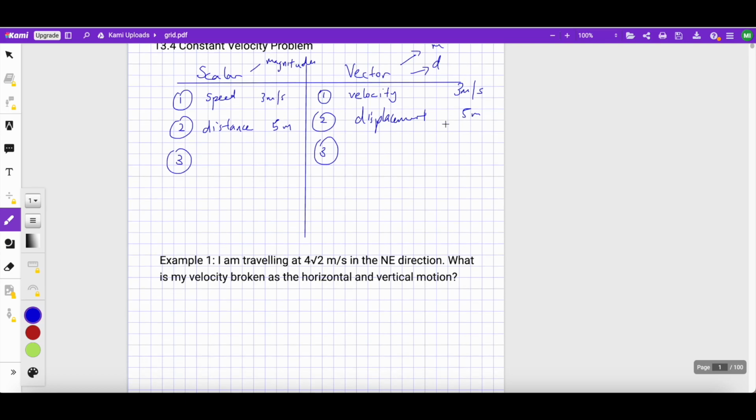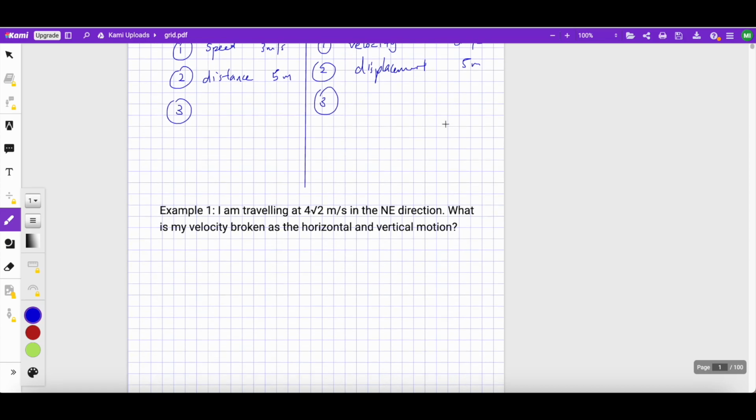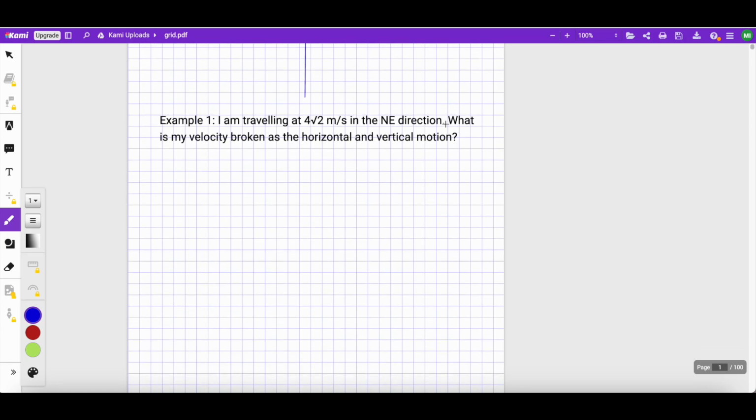So let's look at example 1 to help us understand how to break up a quantity, given some direction, into the horizontal and vertical motion. I'm traveling at 4√2 meters per second in the northeast direction. What is my velocity broken into horizontal and vertical motion? I'm going to draw the diagram first.